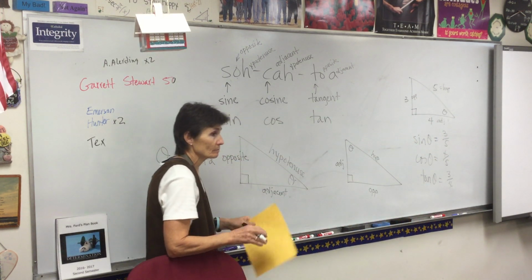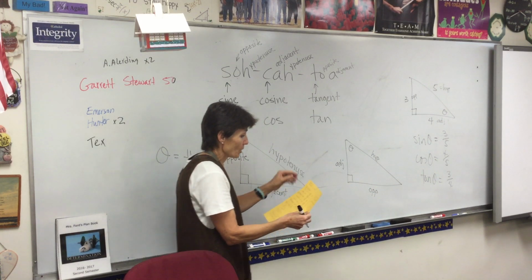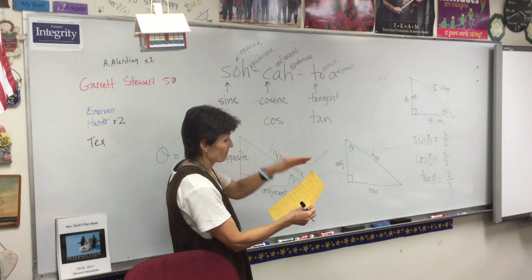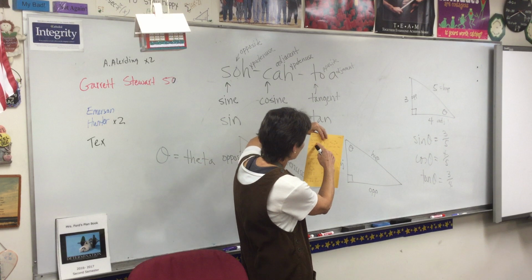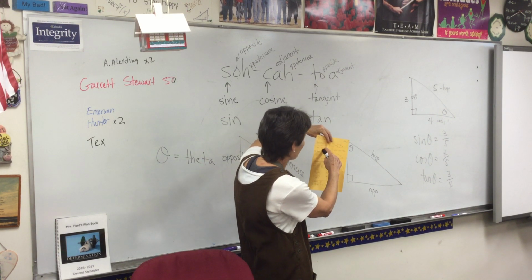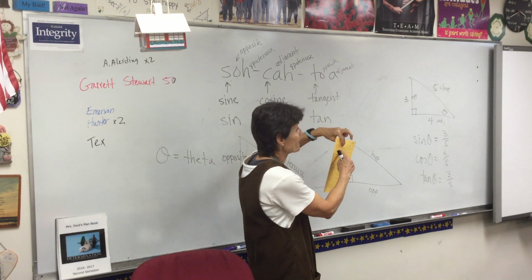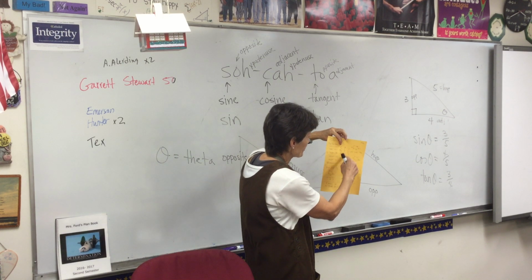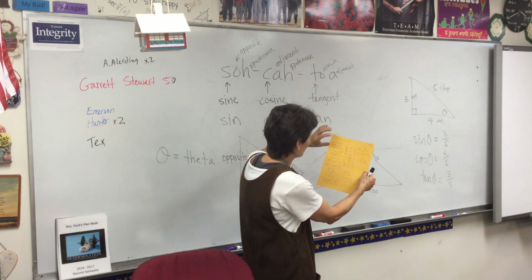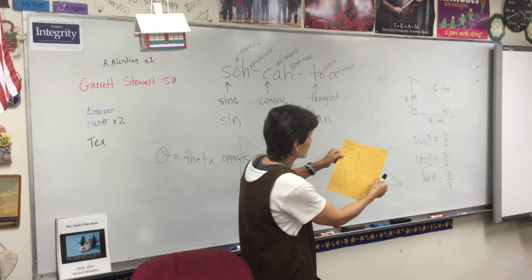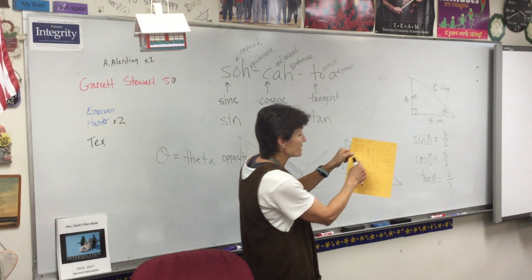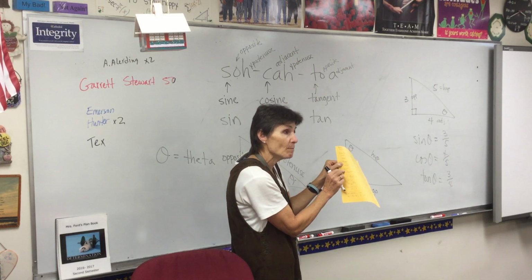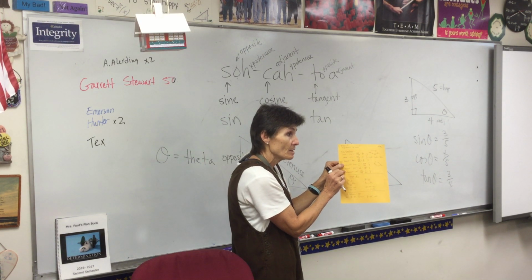SOHCAHTOA. So you can see in the beginning here, we've got the trig functions written out, their abbreviations, and then their right triangle definitions. Let's start there. There's another definition there we're going to look at in a minute. Now, notice that I've got sine, cosine, and tangent, but then there are three more functions.